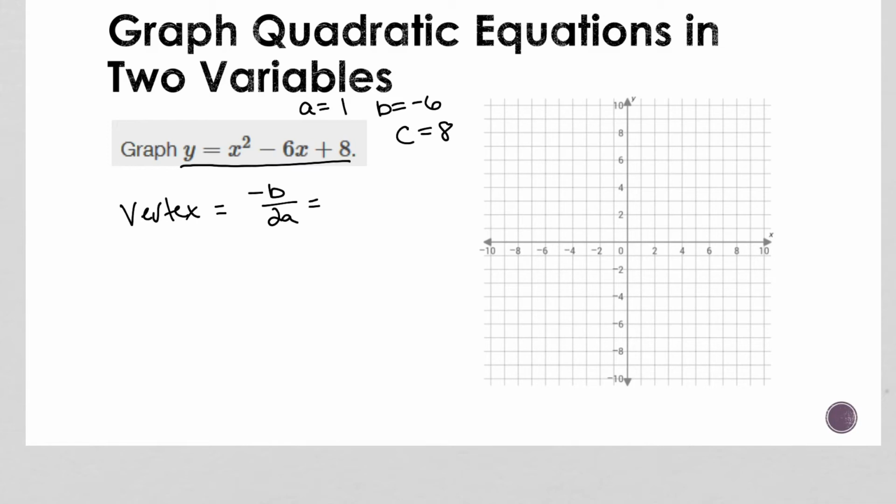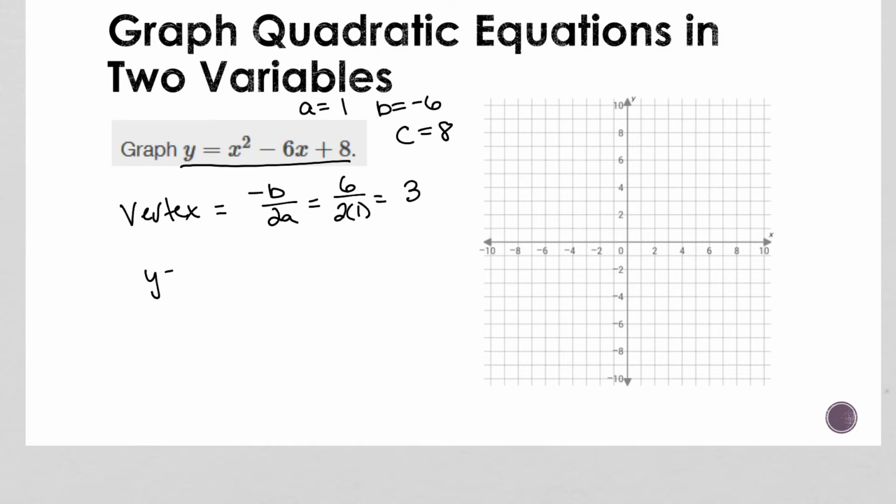So the x-coordinate of our vertex is at positive 6. Remember, negative b means the opposite of whatever the b is, over 2 times a. So 6 divided by 2 is 3. So our x-coordinate is at 3. Now I've got to find the y.